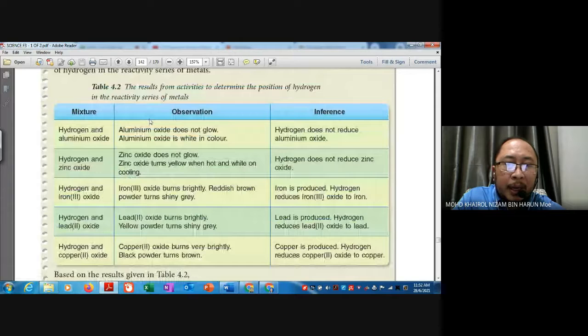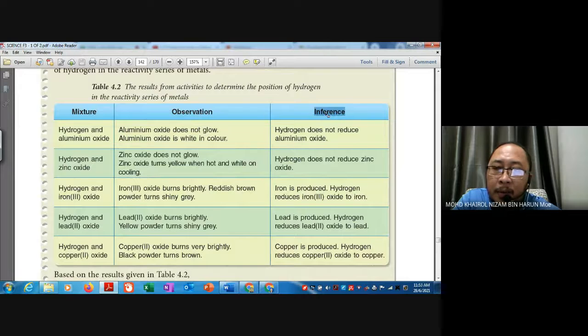When hydrogen and aluminium oxide react together, the observation is that aluminium oxide does not glow. Aluminium oxide is still white in color. So what can we conclude from this? The conclusion is the inference.